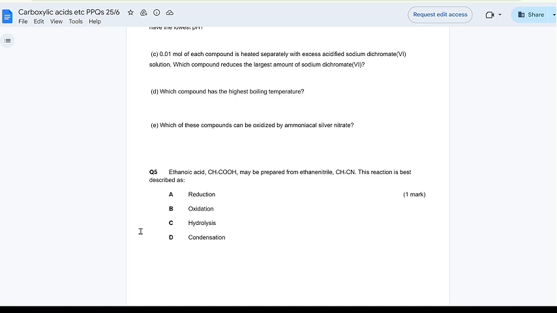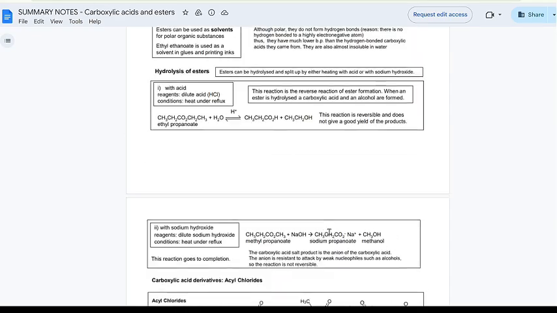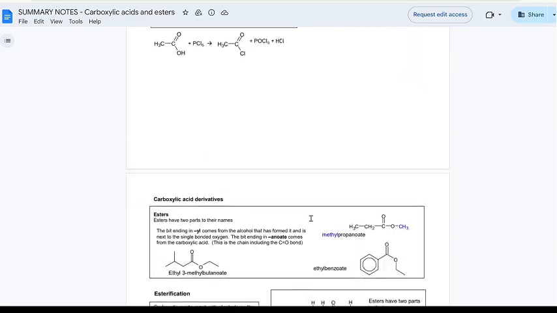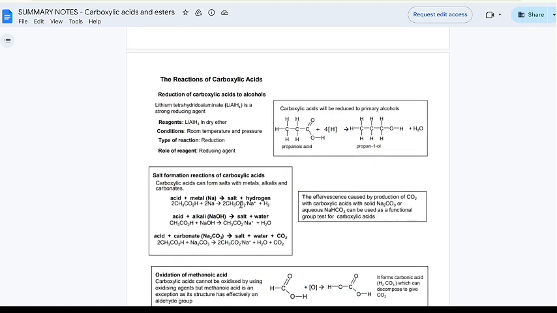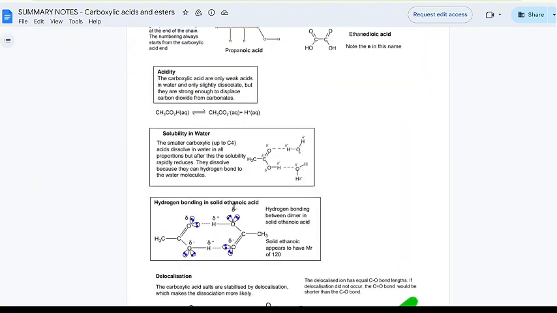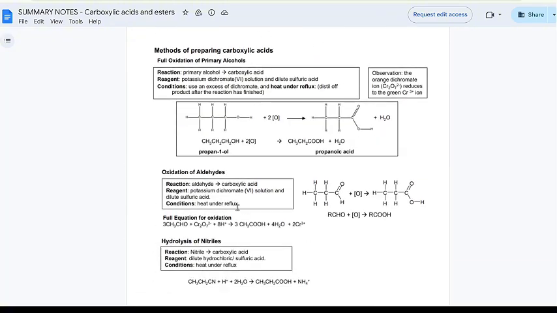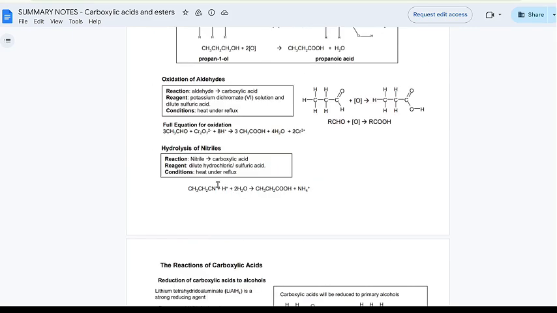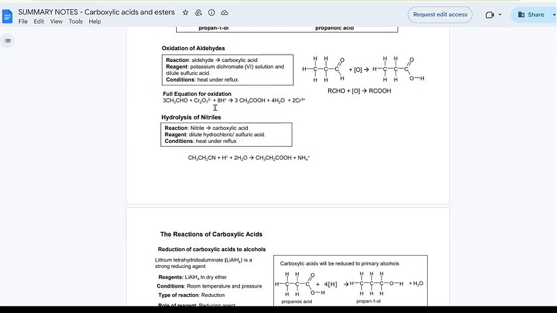I didn't even consider that. Oh, we did just check that, didn't we? Oh, that's a bit of a blunder there. Where was it? Where is it? Wait, what? Have I scrolled past it, haven't I? Hydrolysis of nitriles. Here we go. Yeah, we literally read that really recently.